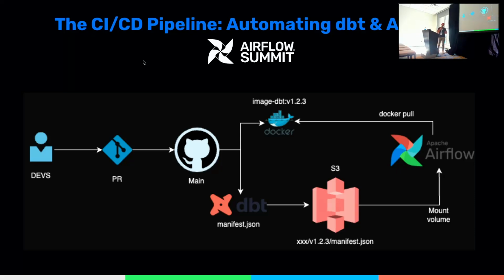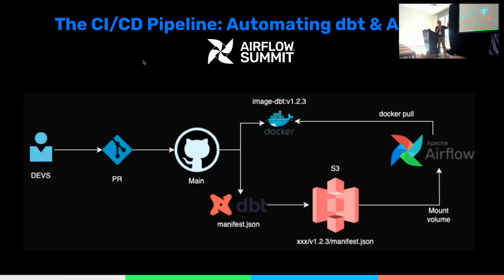When you have a really big DBT project, every task that you run is going to spend 1 minute just to parse the project. If we do that in the Docker image, everything inside is already parsed, and you just spend the time that you want on the DBT command side.